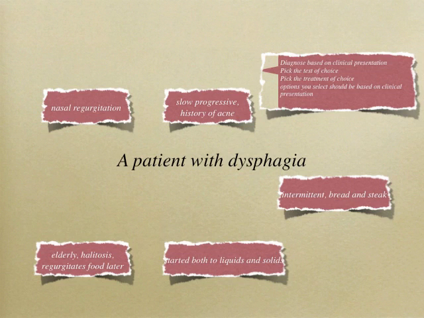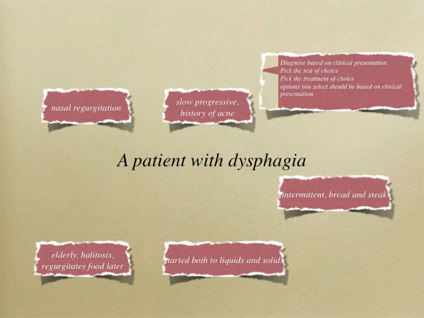Then you might see a totally different patient with dysphagia who's older, the partner complains of halitosis, and often regurgitates undigested food several hours later. Or you might see a patient who has dysphagia both to liquids and solids.